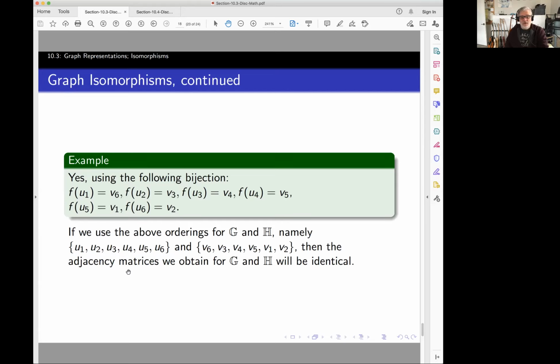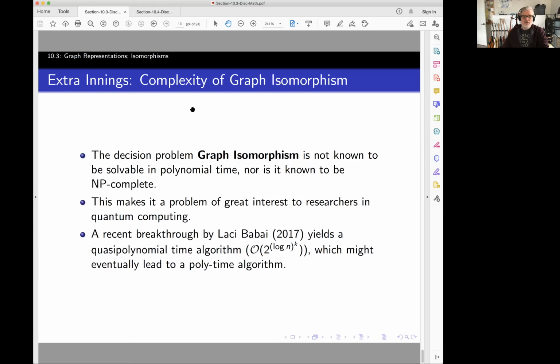So the problem might be seen as follows. I give you two graphs. I say, can you find an ordering of the vertices of both that will give you the same adjacency matrix? So is it possible to do this efficiently? Okay, so that would be my question.